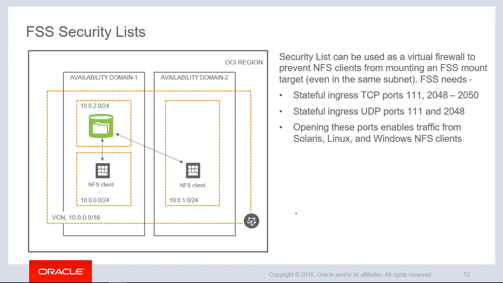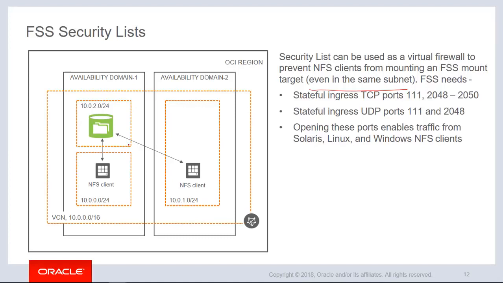So let's look at the two distinct capabilities we talked about, the security list and the export option. So security list can be used as a virtual firewall to prevent NFS clients from mounting an FSS mount target. Even if they are running in the same subnet, it doesn't matter. Right here I'm showing two different subnets, but they could be running in the same subnet and this still applies.